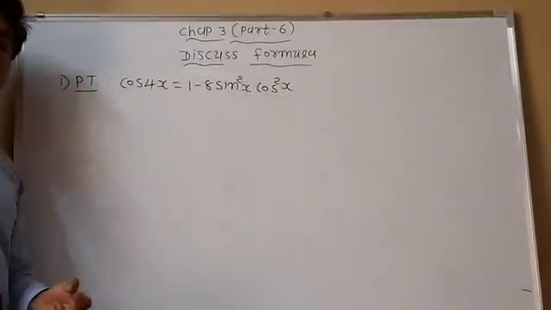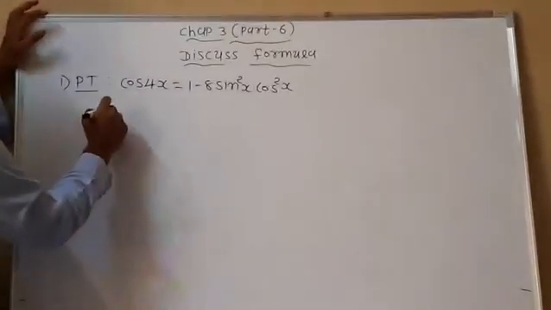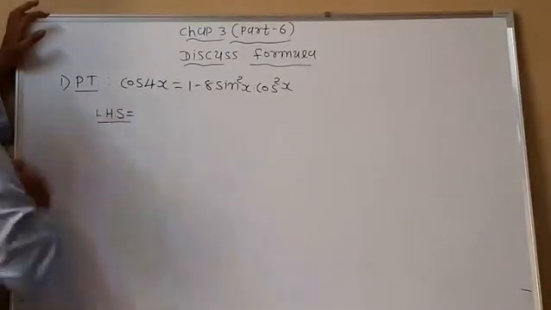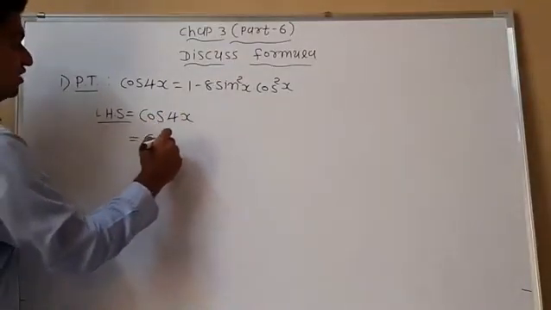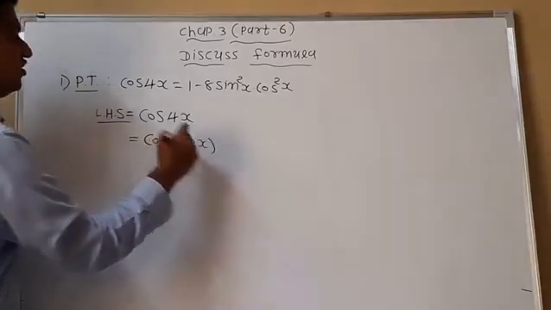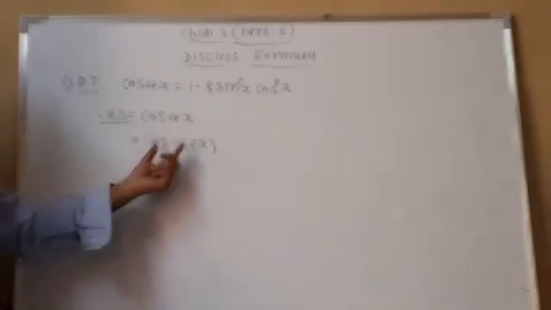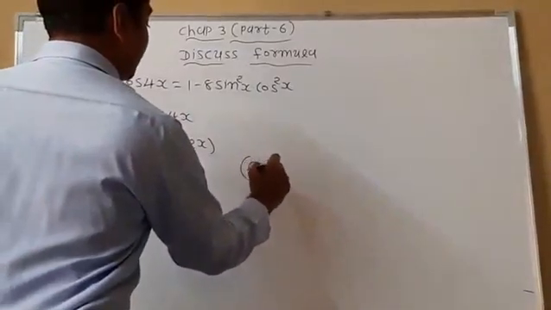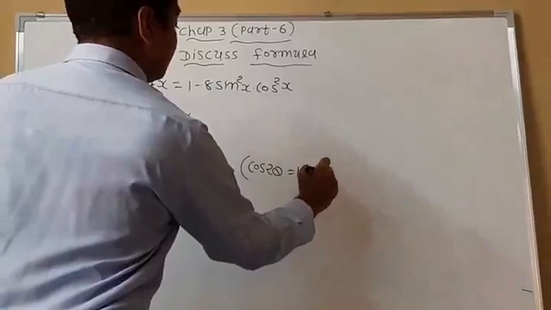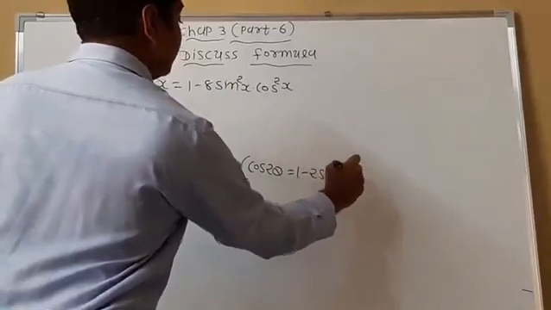So first of all, start from the LHS side. Our LHS side is cos 4x. So here we write cos 4x as cos 2 into bracket 2x. Now apply the identity for cos 2 theta, but three identities are present here. So which identity do we apply? Here apply cos 2 theta is equal to 1 minus 2 sin square theta.